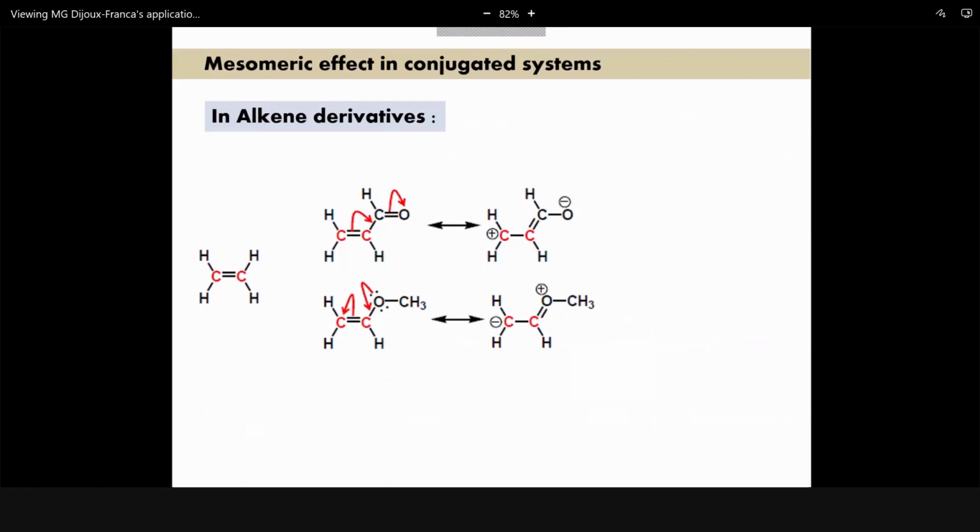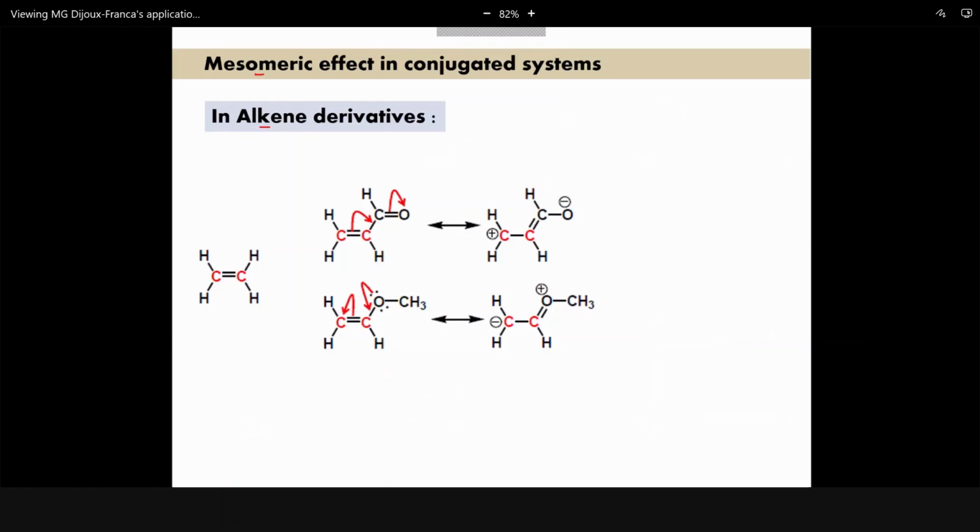Okay, so we will play with this example to understand the effect of the mesomeric effect on a double bond. It's exactly the same as we have in the proton.